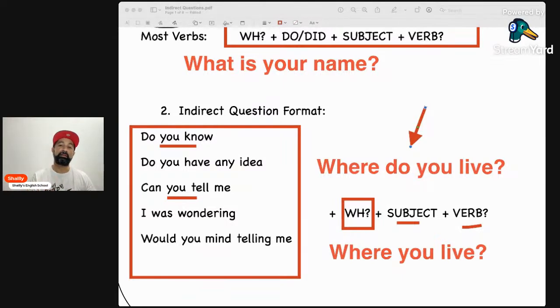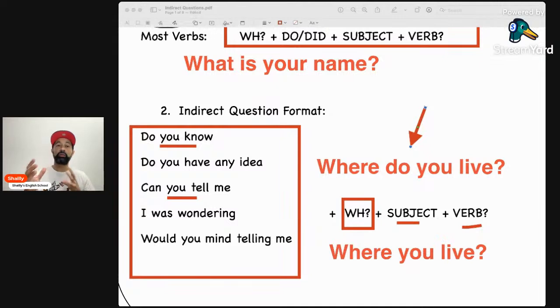If I am walking on the street, I don't know where the train station is, but I see a police officer. A police officer definitely knows that area. A police officer definitely can answer my question. So in that situation, I would say, can you tell me where the nearest train station is?